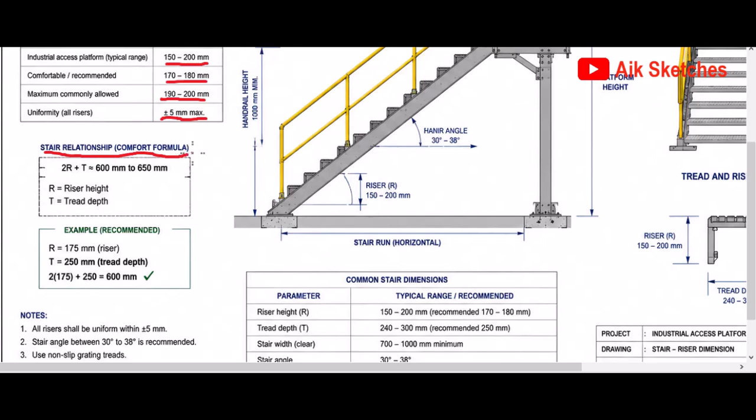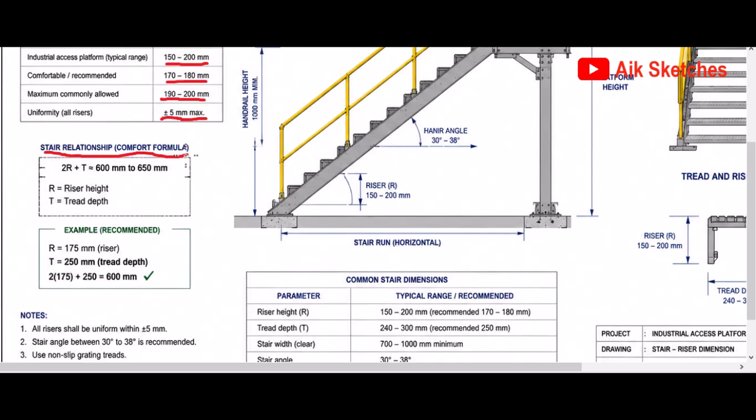Okay, so there's something we call the stair relationship, or the comfort formula. This formula is 2R plus T is equal to a range of 600 millimeters to 650 millimeters, where R is equal to the riser height and T is the tread depth.